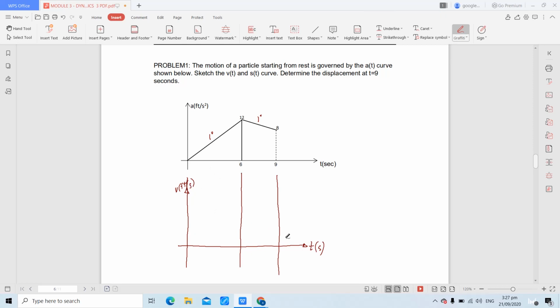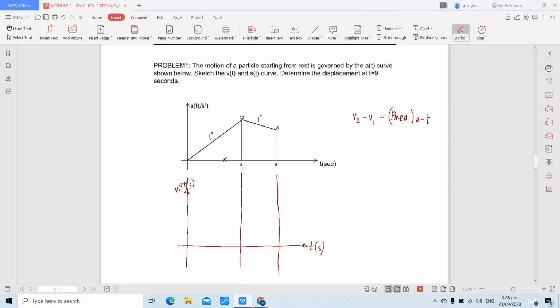Para makuha yung velocity versus time curve, isa lang yung formula ang gagamitin natin doon. Dahil isa lang yung formula ng change in velocity. And that is final velocity minus initial velocity equivalent to the area of acceleration versus time graph. No? So, meron tayong dalawang area dyan, di ba?